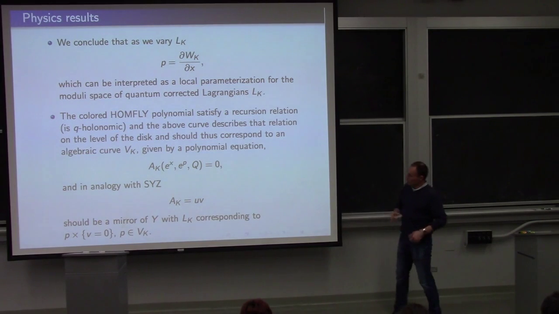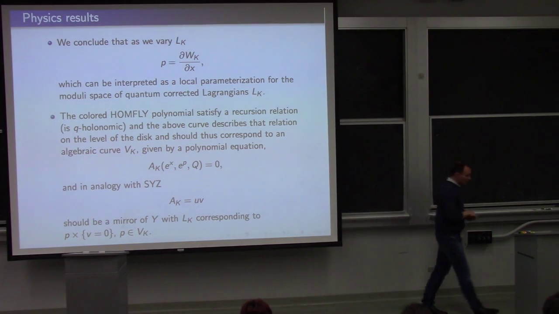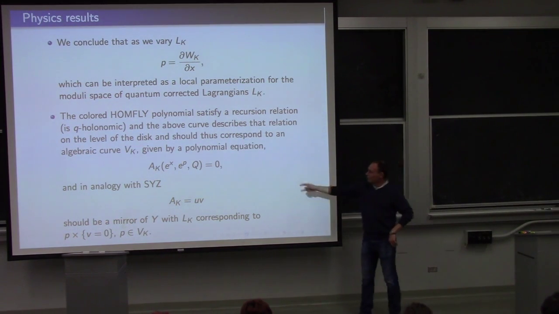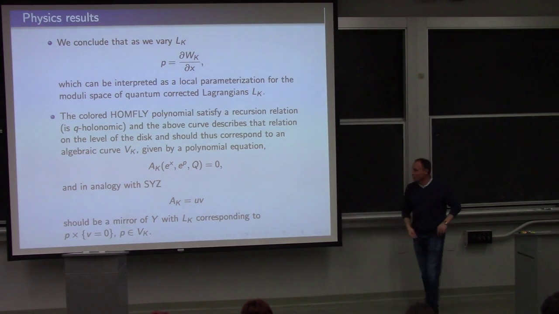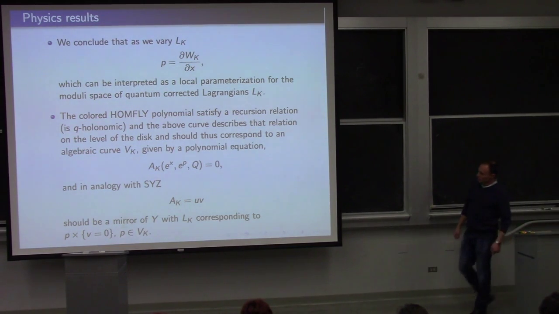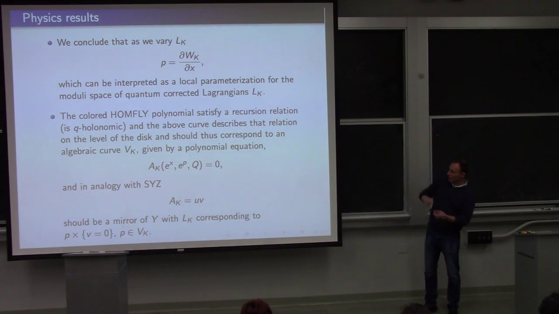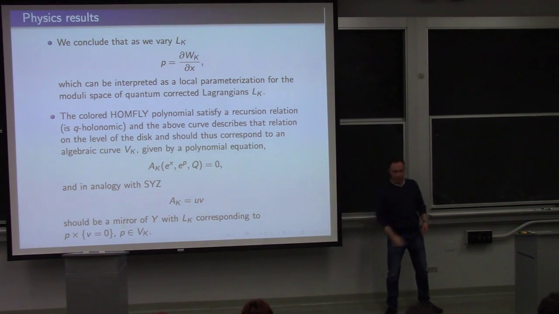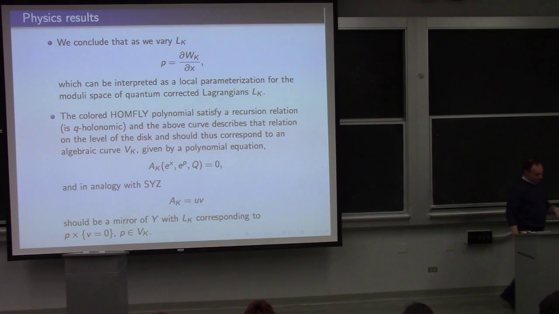And since this is a conference of mirror symmetry, the mirror of the conifold should now be given by this polynomial equal to uv, where L_K corresponds to the line in the fiber at the point P. Okay? So that's the general story.